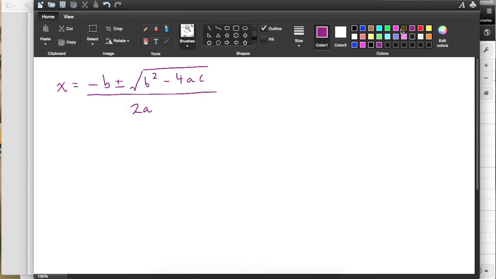First of all, think back to when we learnt about the quadratic form of an equation, which looks like this: ax squared plus bx plus c. You know an equation is quadratic if it's in this form.